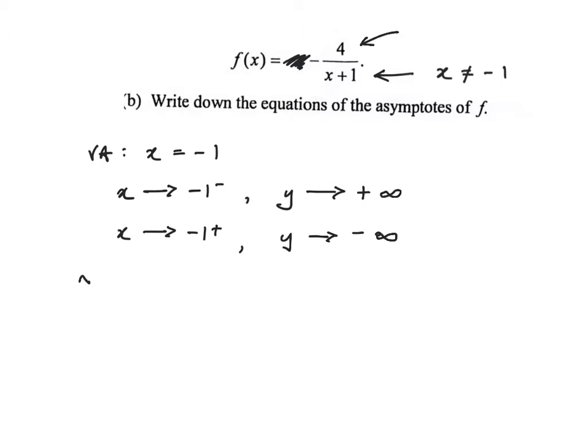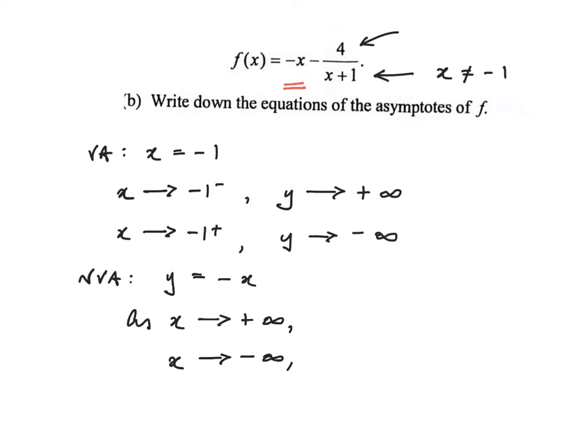Now as for the non-vertical asymptotes, the non-vertical asymptote is this here, so y equals minus x. And what we can do is consider what happens to the function when we have very large positive and negative values of x.